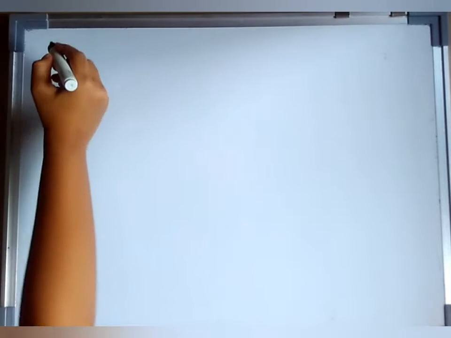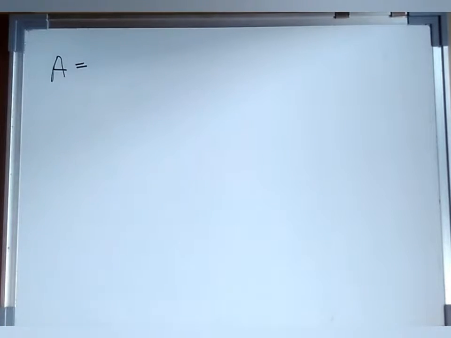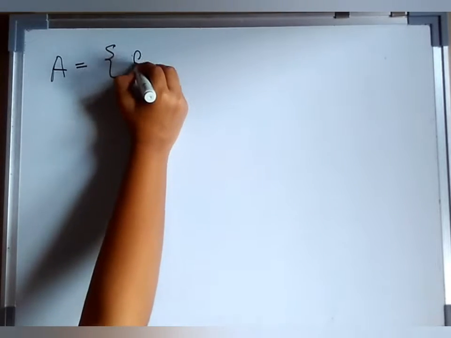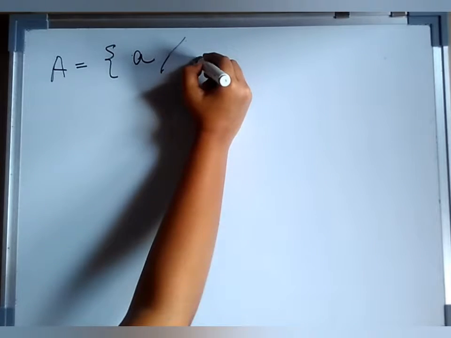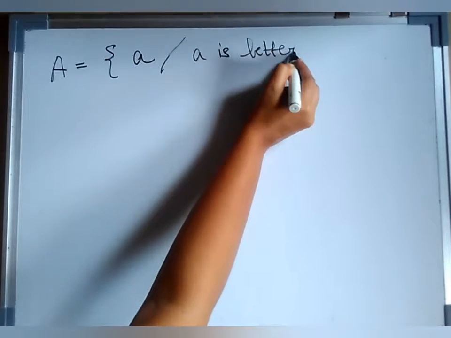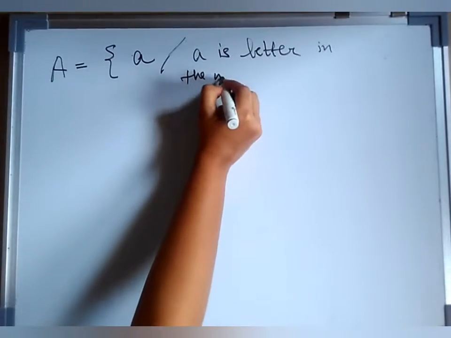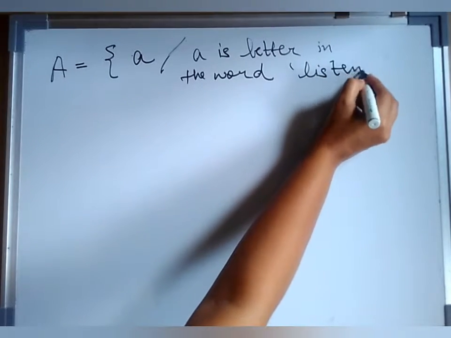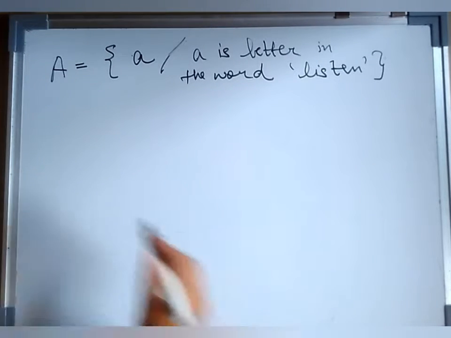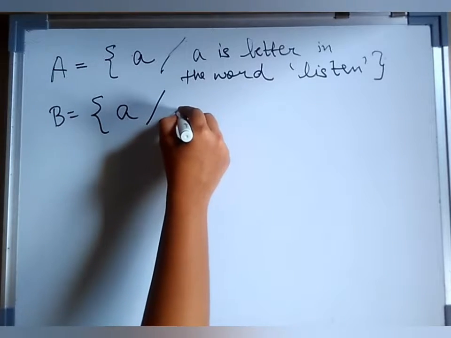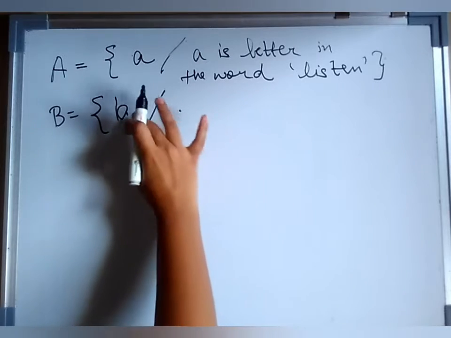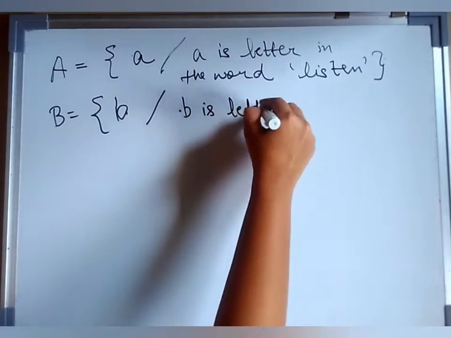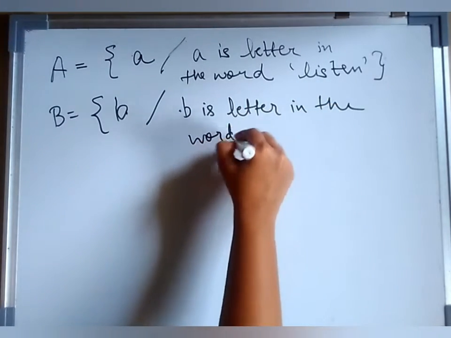We will take a few more examples. Let A be the set of letters in the word listen, and B the set of letters in the word silent, using some other letter.